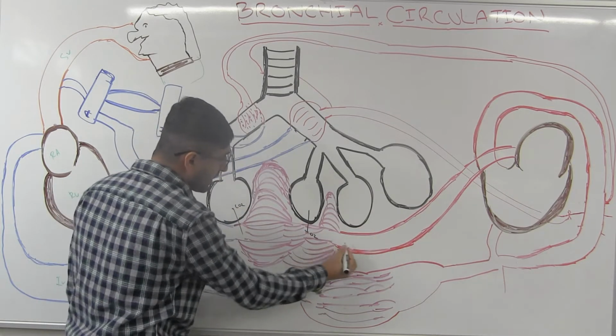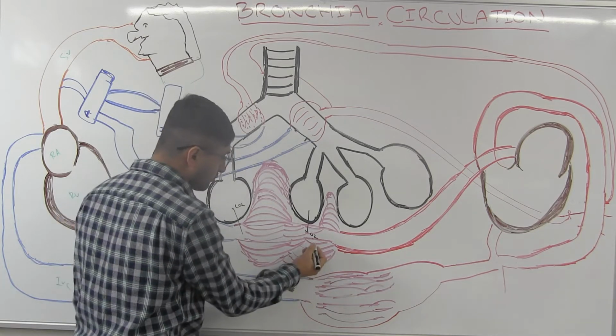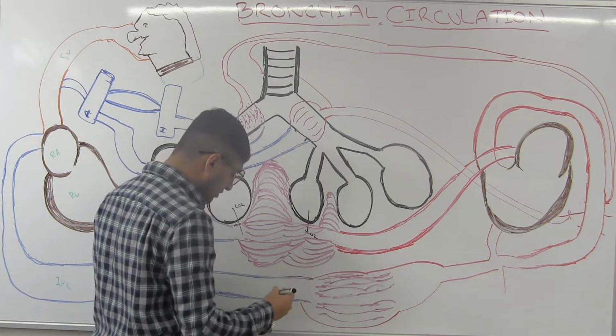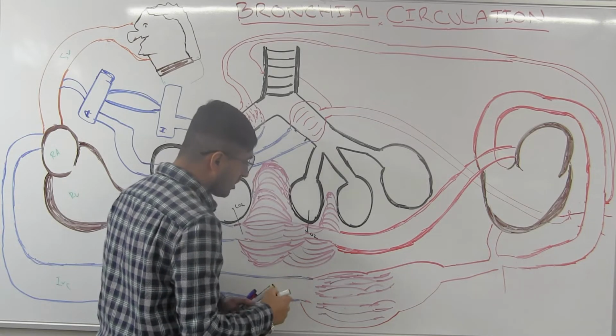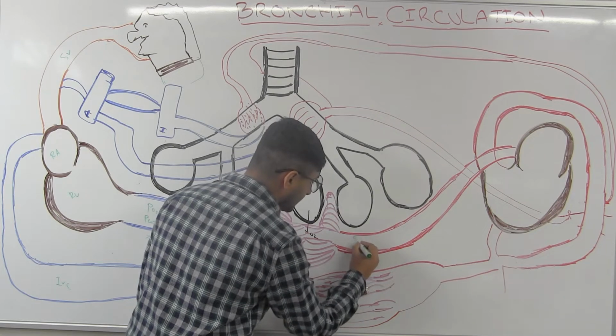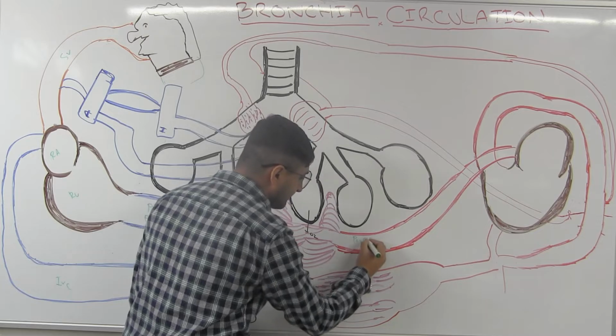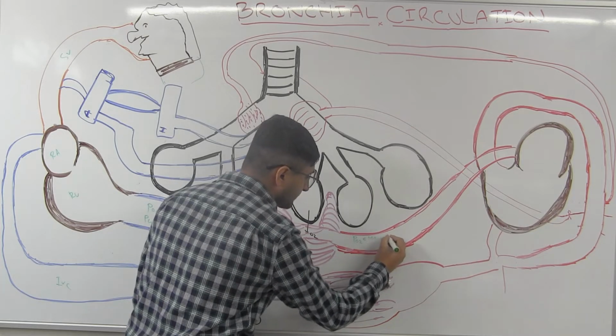When your blood leaves the capillaries, there are a couple of parameters that you have to know. One is that when the blood leaves this capillary, your partial pressure of oxygen right here is going to be 100 millimeters of mercury, okay?